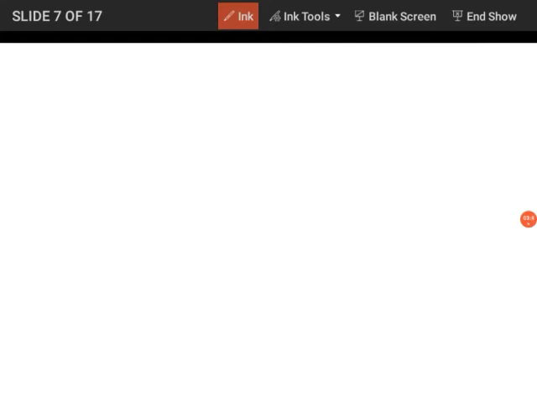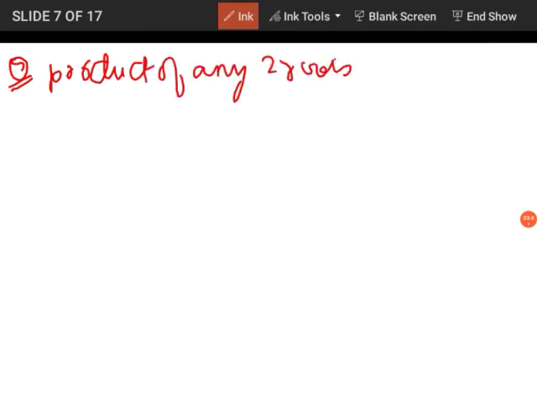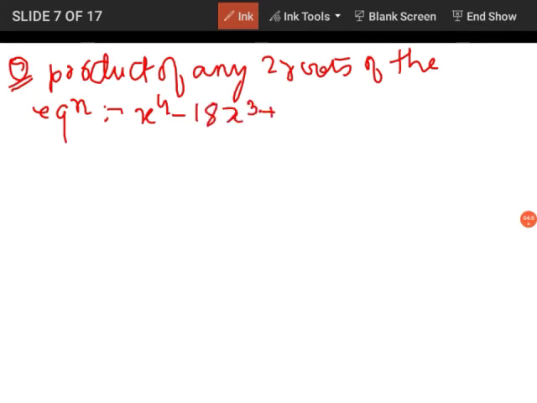Okay, so it is given that the product of any two roots of the equation x raised to the power 4 minus 18x cube plus kx square plus 200x minus 1984 is minus 32.